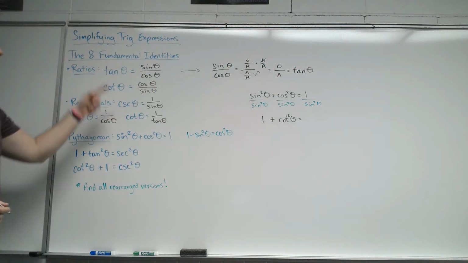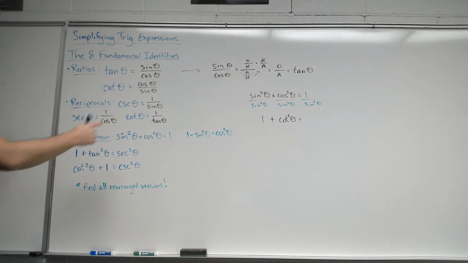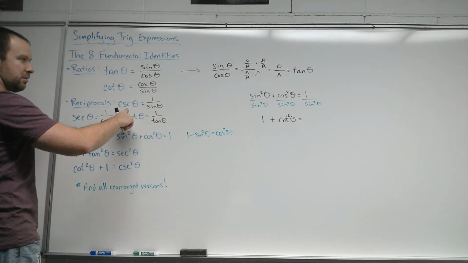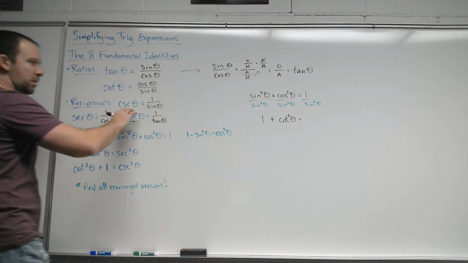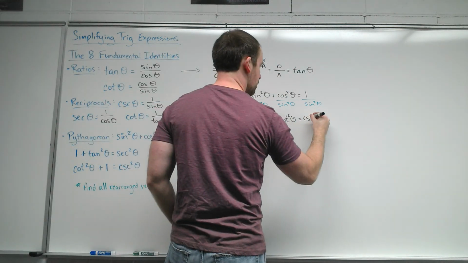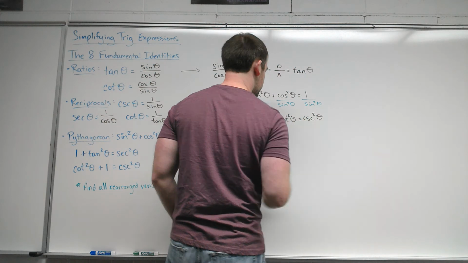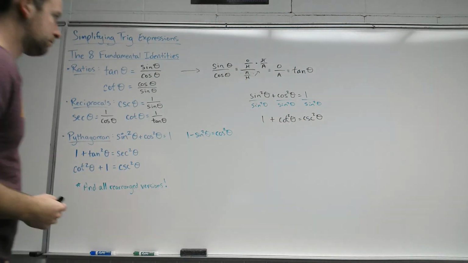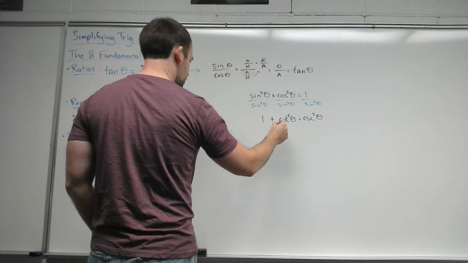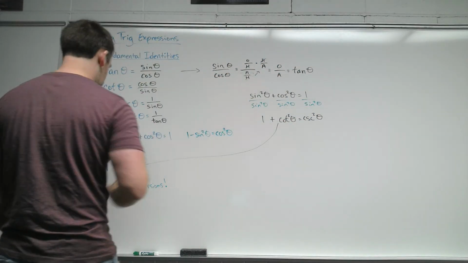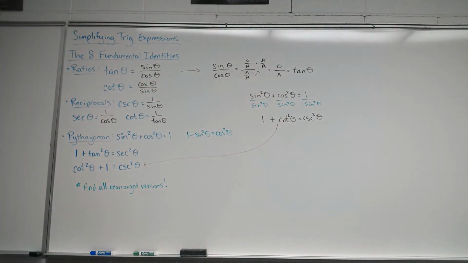Again, you're already using these identities to simplify this. 1 over sine is cosecant. So 1 over sine squared would be 2 of them. So that'd be cosecant squared. And so that one right here is that guy.